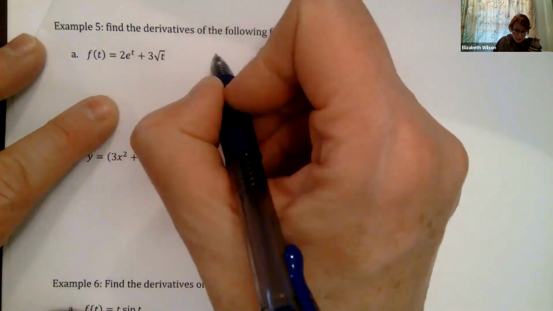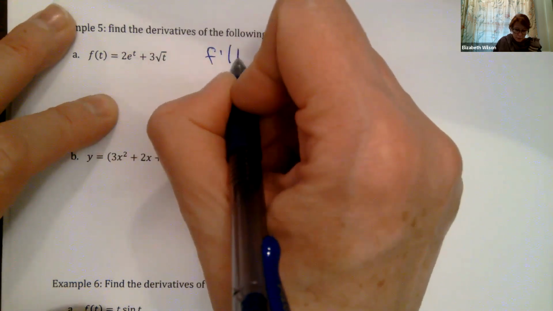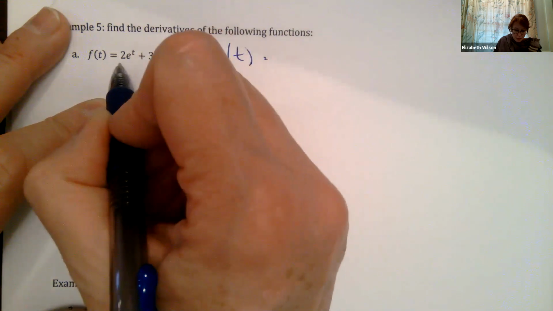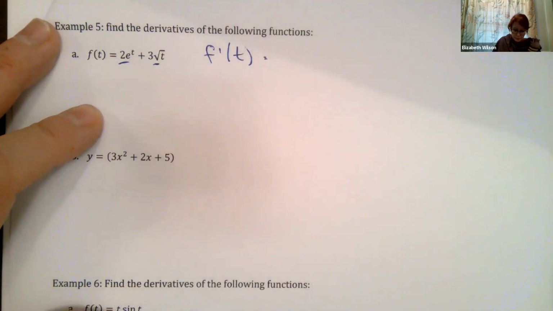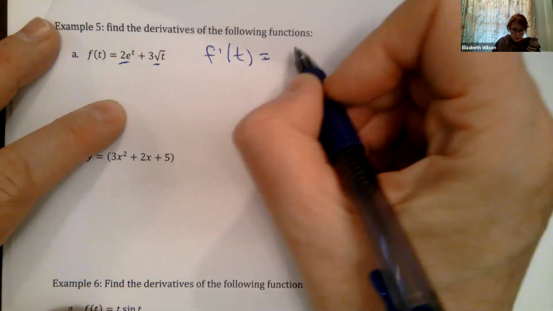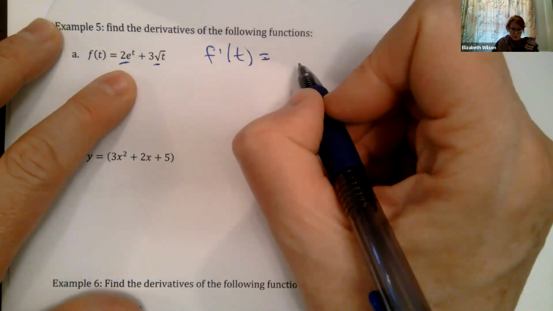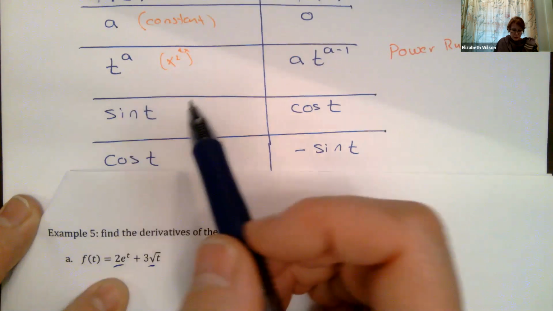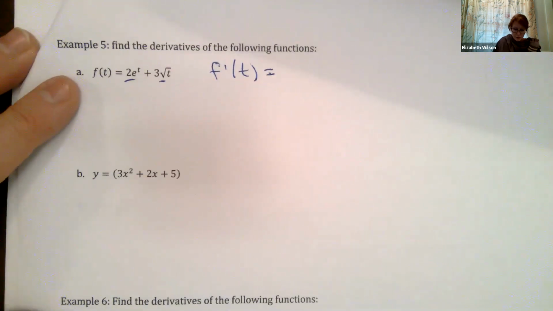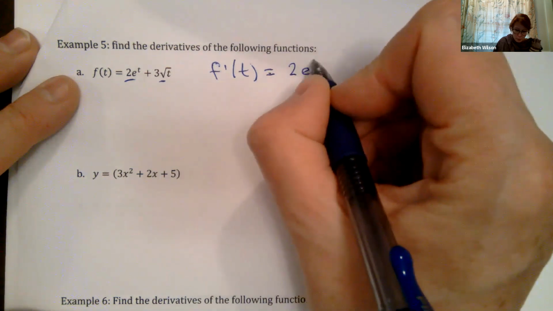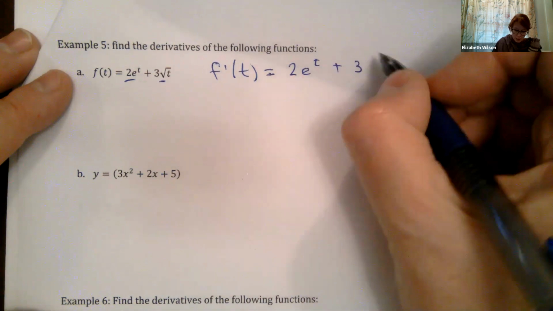So I want to take this derivative, right? Which means I'm going to take the derivative of this and add it to the derivative of that. Okay, so I'm going to go derivative of 2e to the t. Remember we said e to the t is just e to the t, right? So this is just going to become 2e to the t plus 3 times, I'm going to do this derivative.